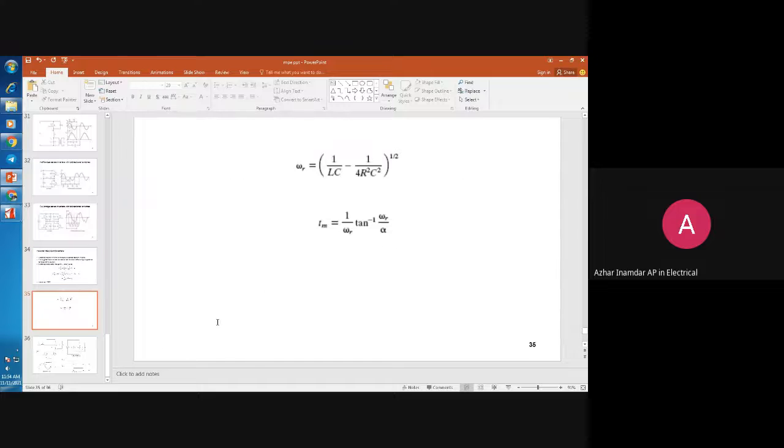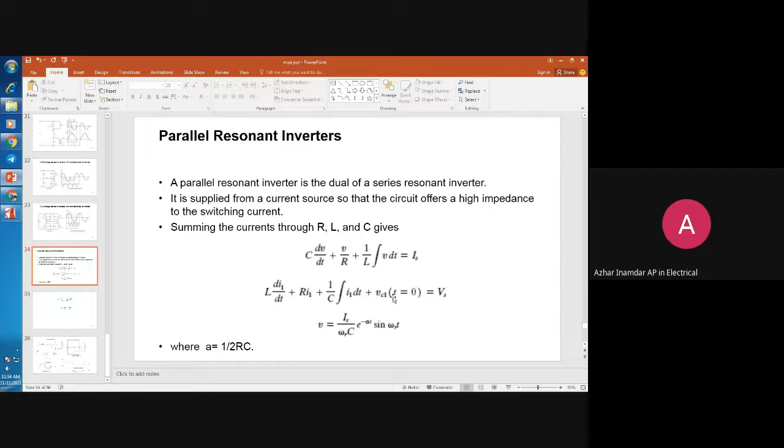For the derivations, which are straightforward, I will send the PDF which I have solved, and you can refer to that. These are very simple, not difficult, so that's why I have not taken this. You can go through it and study it.